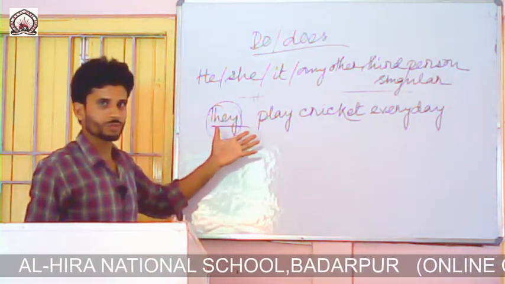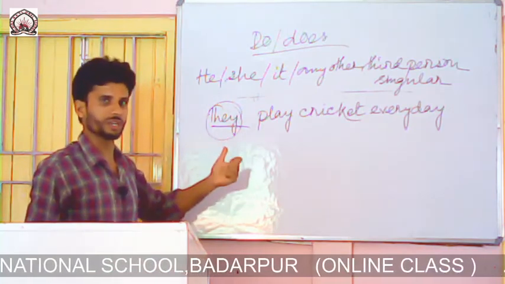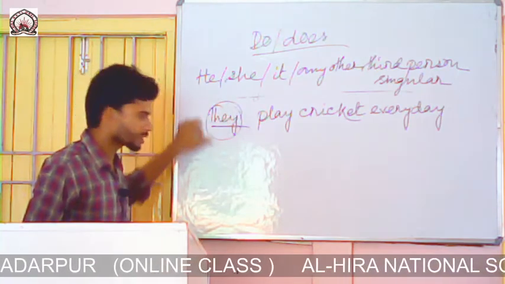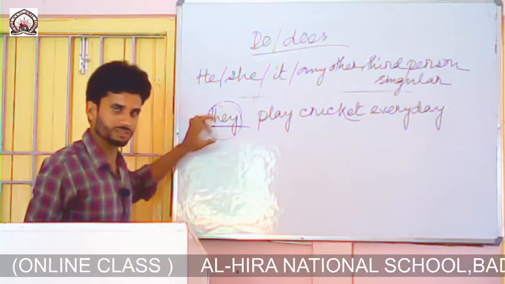We add or we write s or es to the verb. But here in this case, our subject they is not third person singular, it is third person but it is plural.